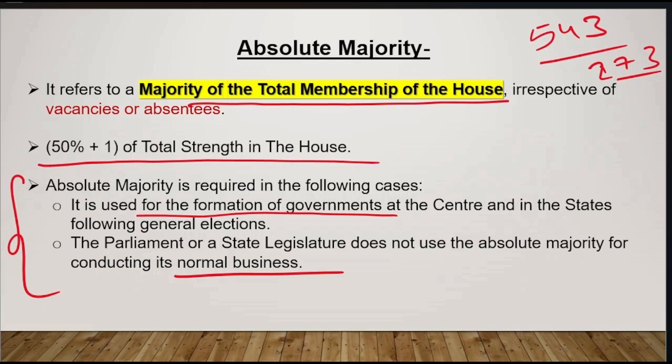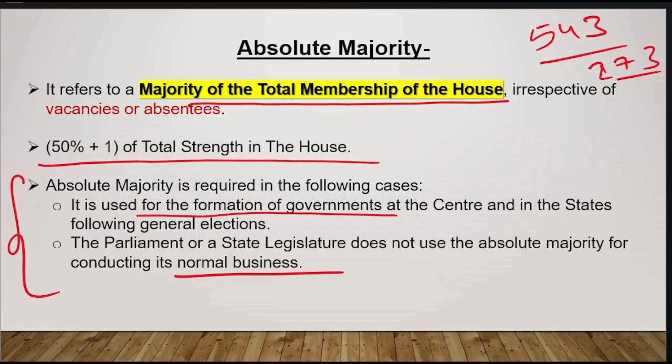That's why it's often said by the opposition members in the parliament that the BJP government could not cross the absolute majority. So if any party crosses the 273 mark, that means that particular party has the absolute majority in the government. So hope you understood about absolute majority.